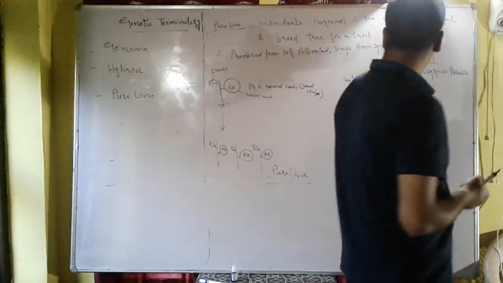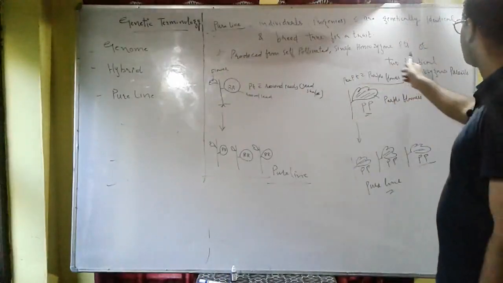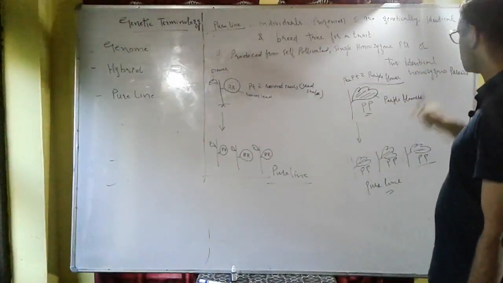Now, this was regarding the self-pollinated single homozygous plant. Now, two identical homozygous plants. This pure line can also be obtained from two identical homozygous plants.